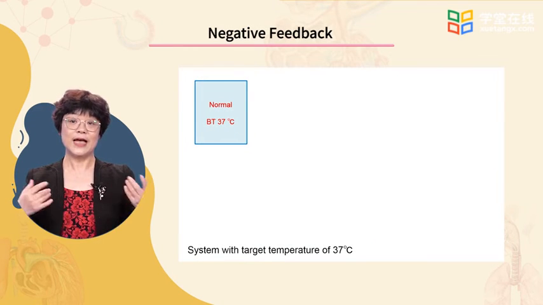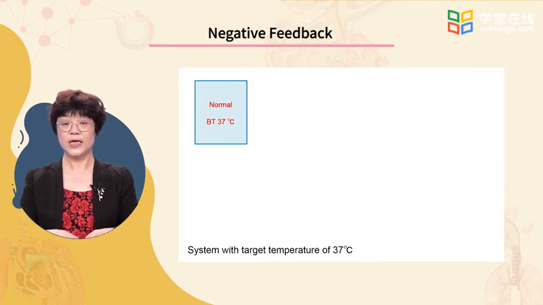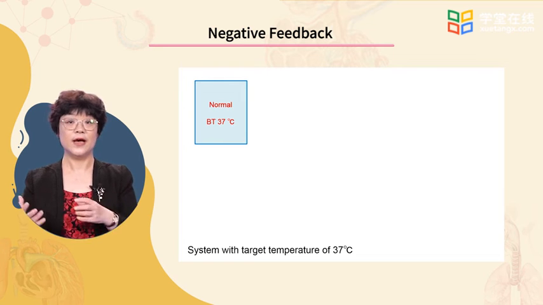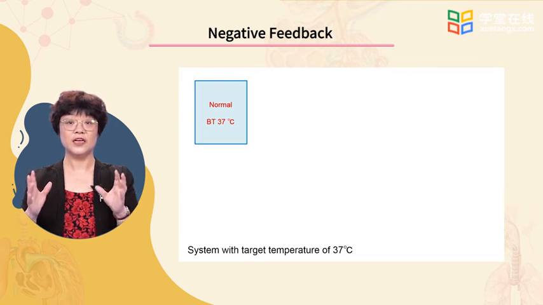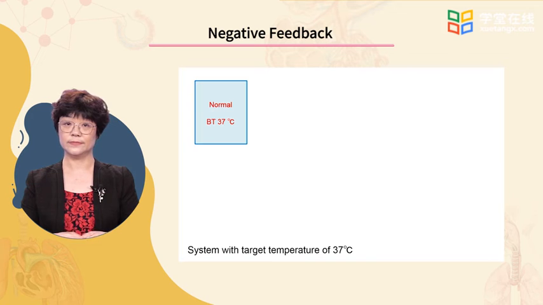For example, the ideal body temperature is 37 degrees centigrade. It's about 98.6 Fahrenheit. The temperature control system functions like an air conditioner. It operates at a set point of 37 degrees centigrade.